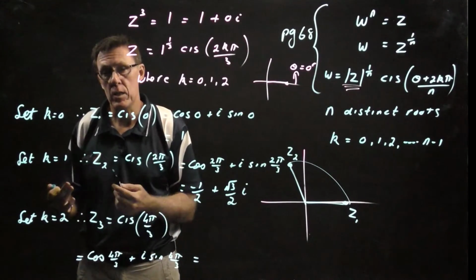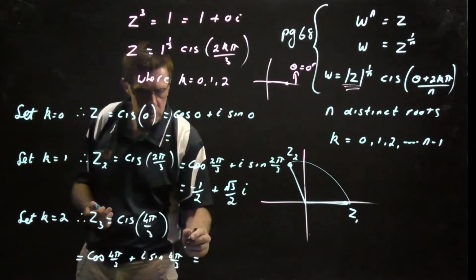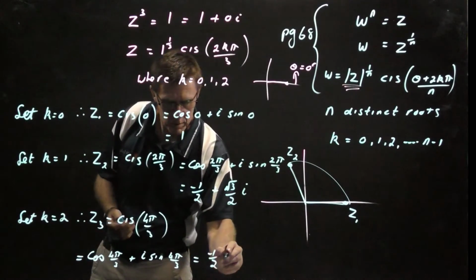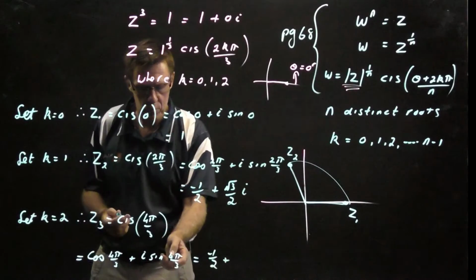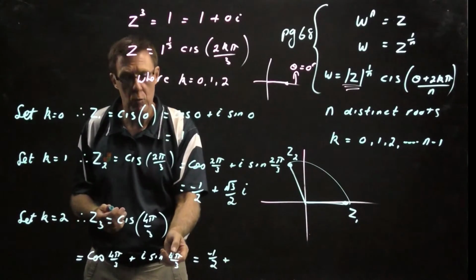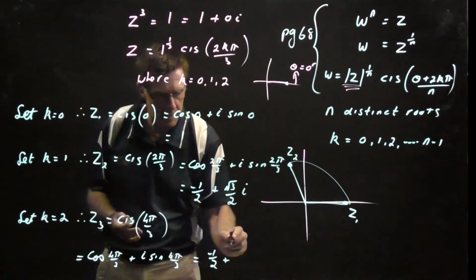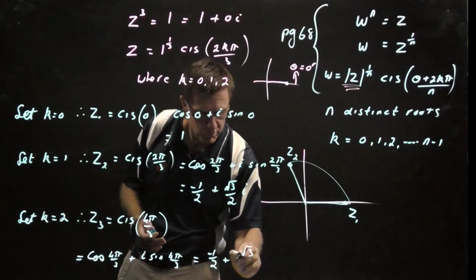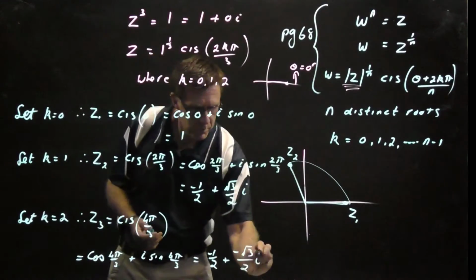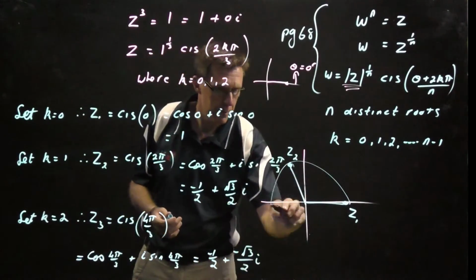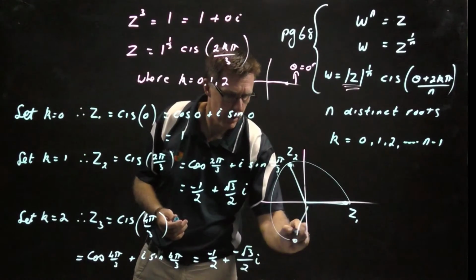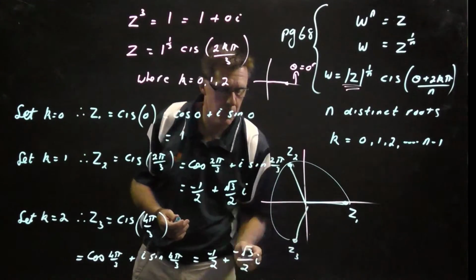Cos of 60 is a half, and in the third quadrant it's negative. Then sine of 60 is root 3 on 2, and once again the third quadrant makes it negative. So I'm going to plot that. There it is, the third solution.